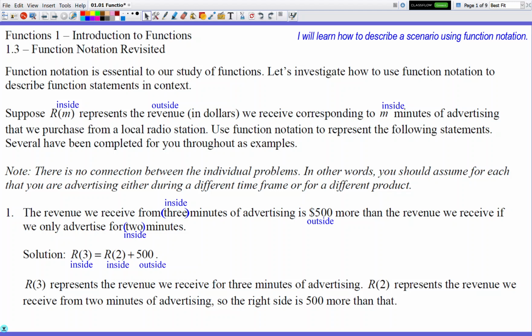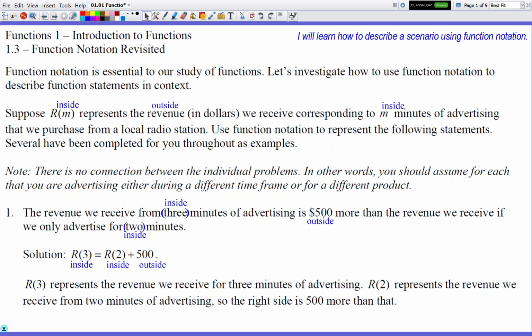So just remember, why do we get something on the inside? Because they represent M. And in this problem, M represents the number of minutes we advertise. And why does something get written outside? It's written outside because it's going to affect revenue, which is the money we make after we do our advertising.